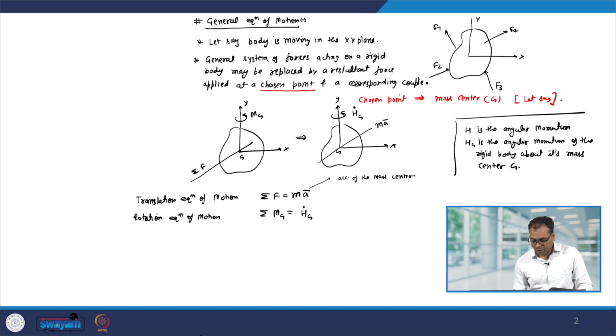Now, we know that H G dot is equal to I omega dot, and this I is again about the mass center. Because omega dot is alpha, that can be written as I bar alpha.